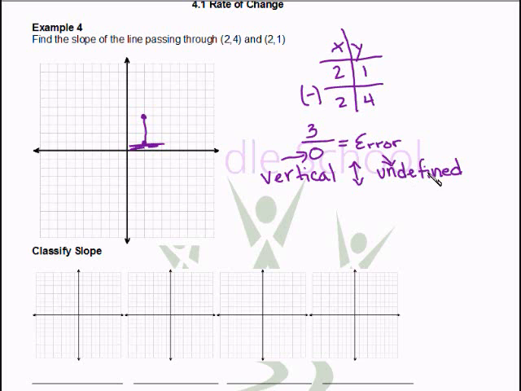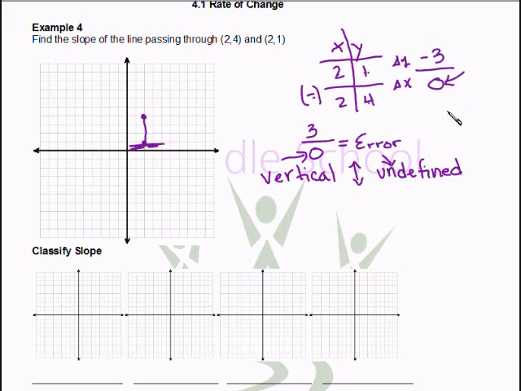But what about when I use the formula? Let's go ahead and try the formula. I have my change of y over my change of x. Change meaning you're going to subtract them. 1 minus 4 is a negative 3. 2 minus 2 is 0. I have 0 in the denominator.